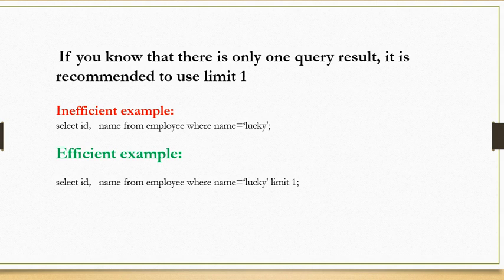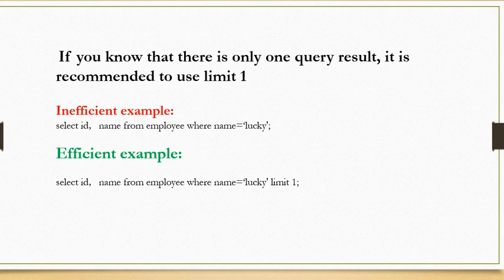Okay. So the next one is, if you know that there is only one query result, it is recommended to use limit 1. Suppose there is an employee table and you want to find a person named Lucky. The inefficient example is select ID, name from employee where name equal to Lucky.